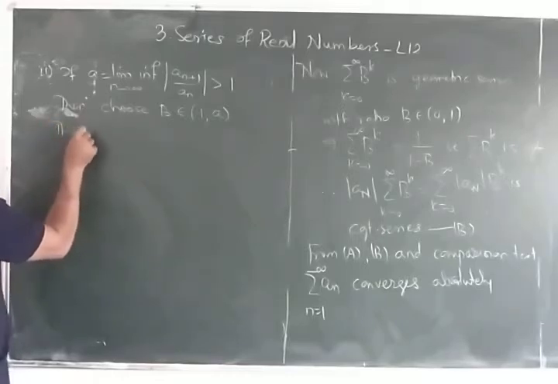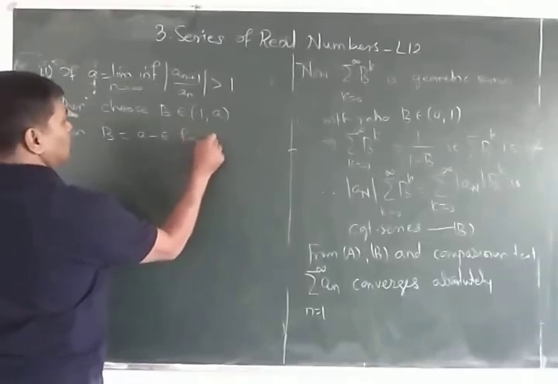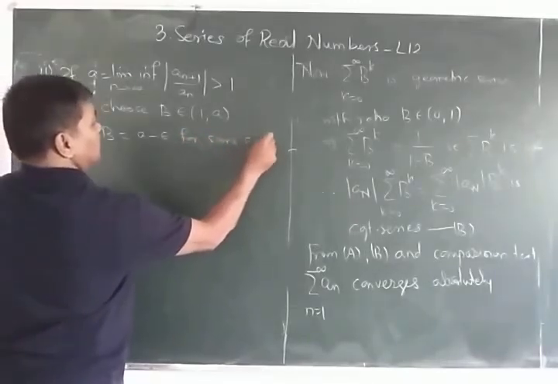Then B is equal to a minus epsilon for some epsilon greater than 0.